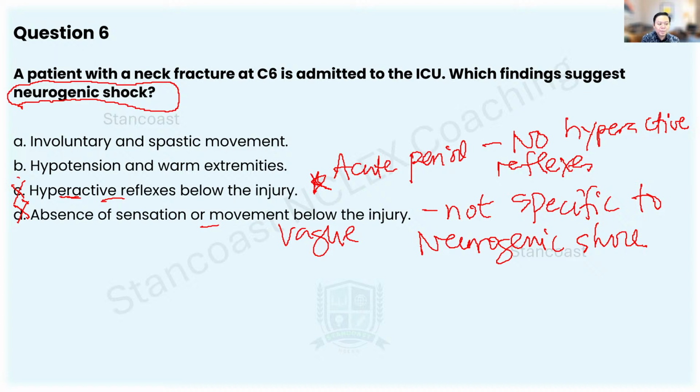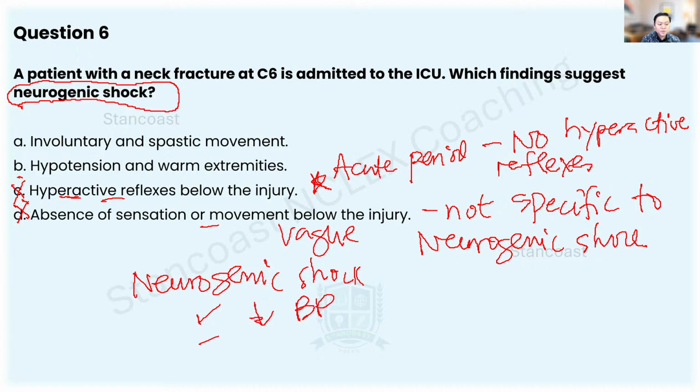What about letter B? Hypotension and warm extremities. Remember that the neurogenic shock is basically the drop in their blood pressure. In neurogenic shock, there is going to be low blood pressure.